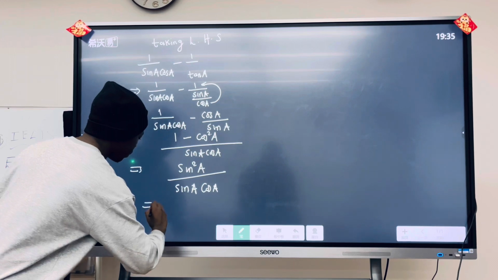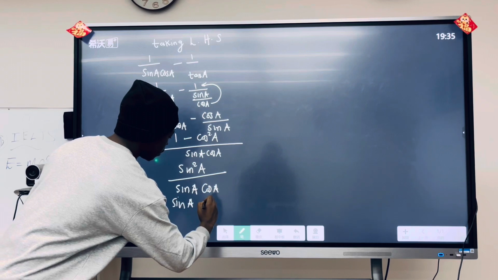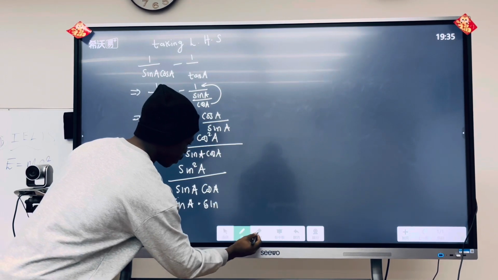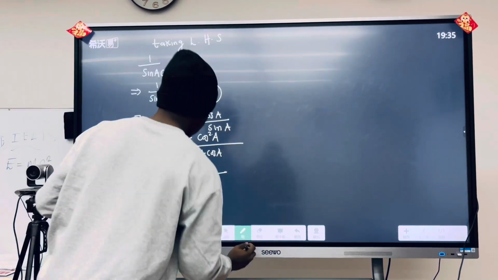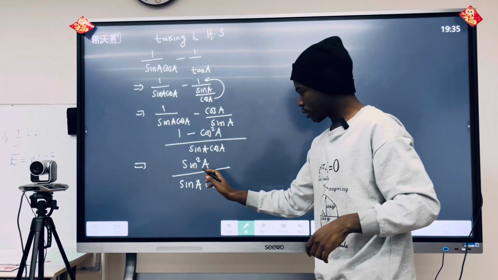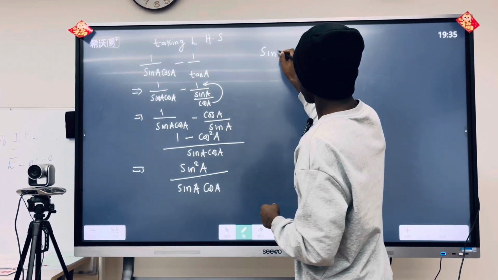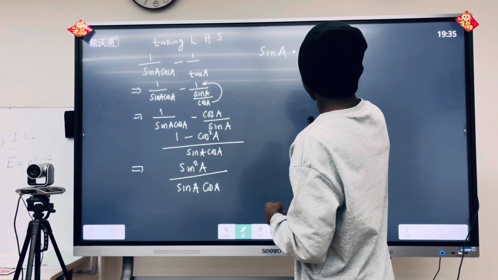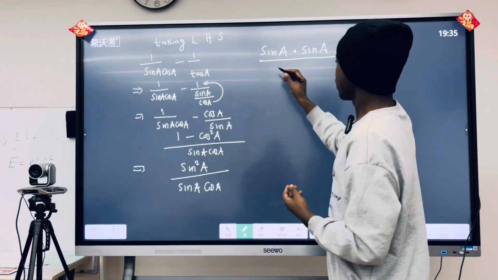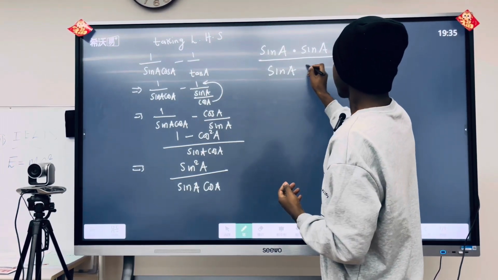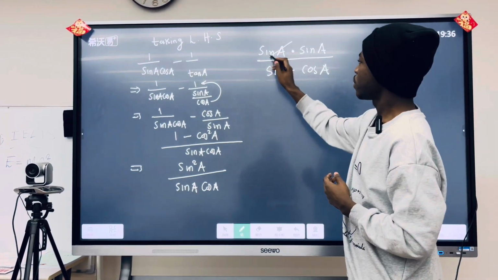So this can be written as sine A multiplied by sine A, and everything divided by sine A cos A. You can see we have similar items there, so I can get rid of this and get rid of that.